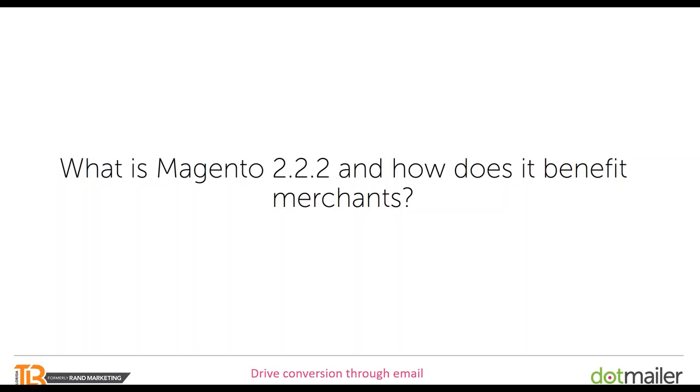The first one is Magento actually acquired a kind of business intelligence platform about a year ago now, and this is really now the first version of Magento that has that integrated in it, and they're calling it advanced reporting. So this is really taking what would normally be the default reporting that you'd see within an e-commerce platform, like the number of orders placed and the average order value, and taking that to the next level by using business intelligence.